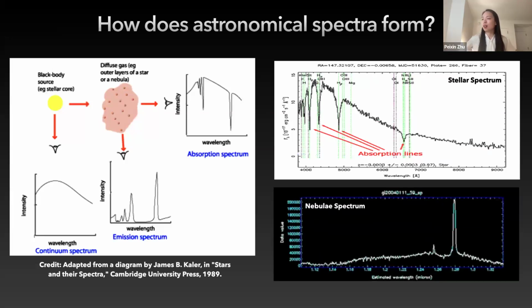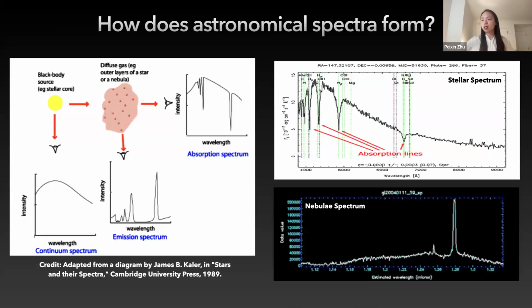There's also another kind of spectrum you can observe. It's a nebular spectrum. As I said before, if you are not directly looking through the diffuse gas at sources, then you have a very flat continuum as shown in this nebular spectrum. But you do observe the emission lines in this case.